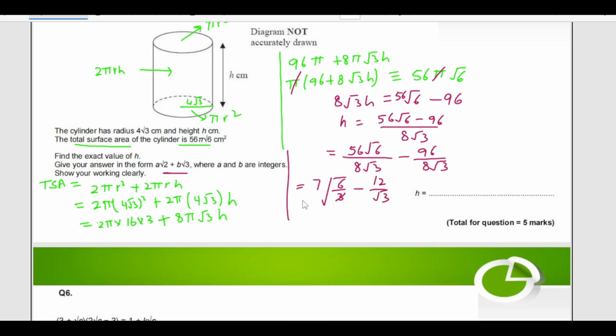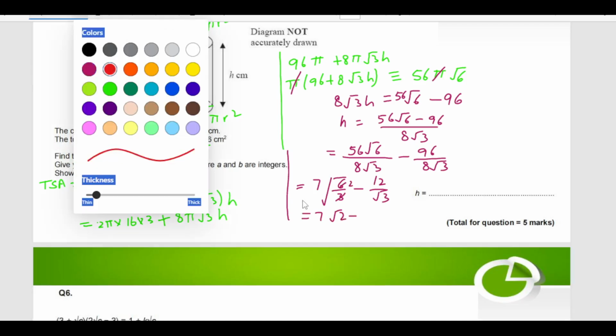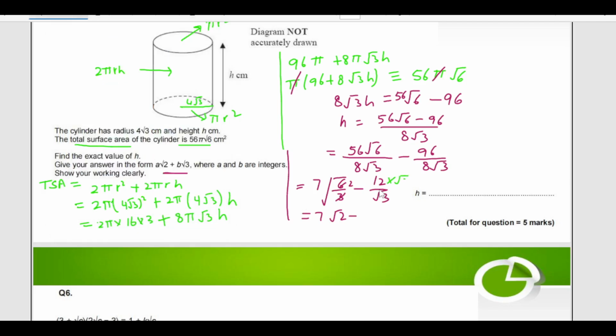So this is multiplied here, so we got here 7 root 2 minus 12, and then now we can here multiply by root 3 and root 3 to rationalize the denominator. So this became 12 root 3 over 3. So then this 3 is going to get cancelled, then final answer will be 7 root 2 minus 4 root 3.